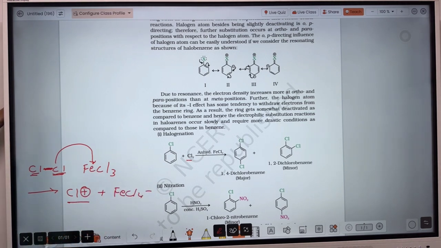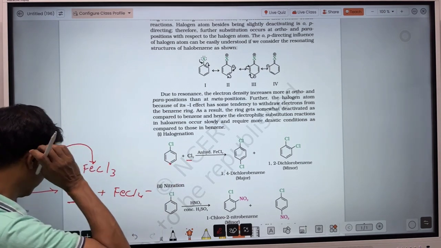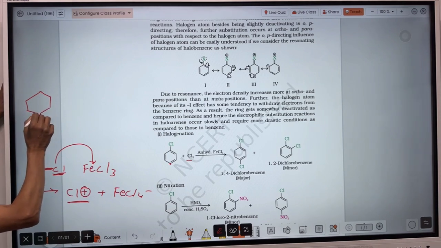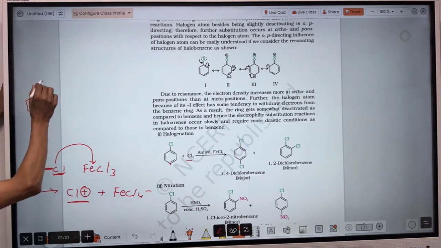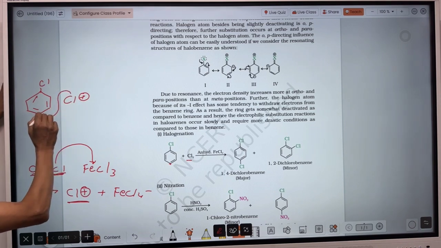This electrophile will bond to the carbon at the para position or the ortho position. Suppose here the electrophile Cl plus approaches this carbon.